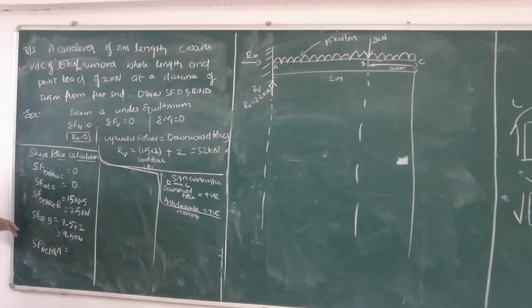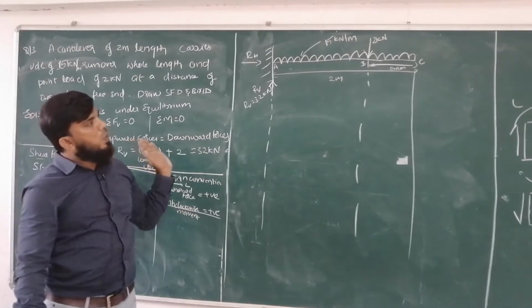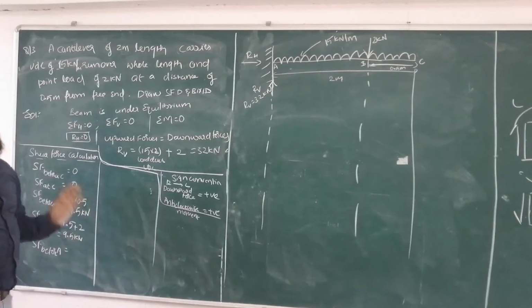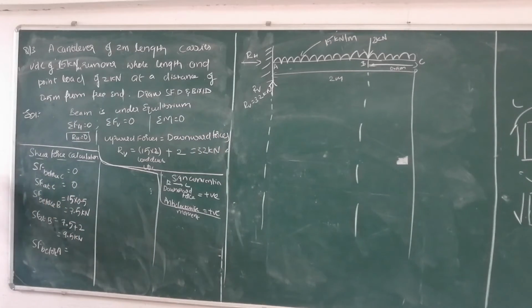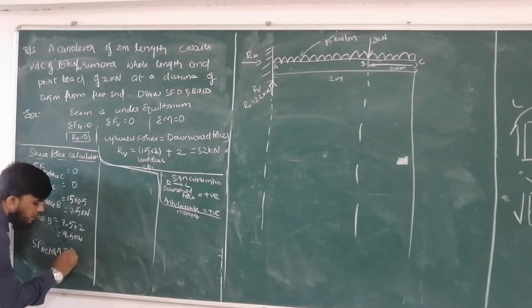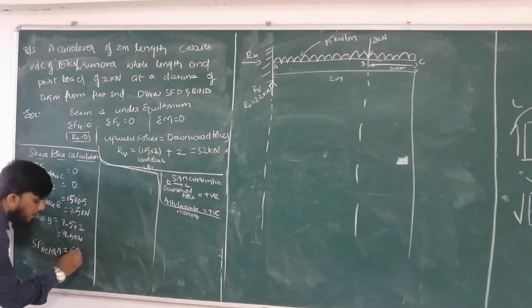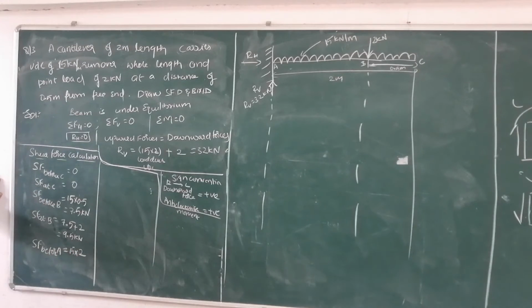Before point A means you have to take all the loads to the right side of point A. Right side to point A, you are having the whole UDL. So what is the length for which that UDL is present? Right side to A is 2 meters. Before point B it was only for a length of 0.5, whereas before point A it is for a complete length of 2 meters.